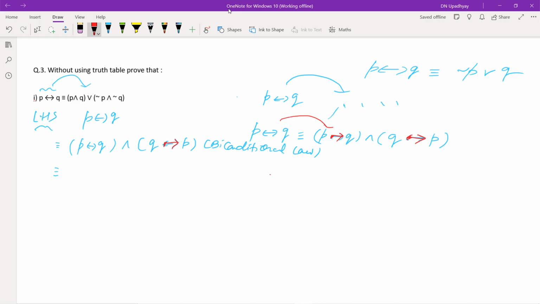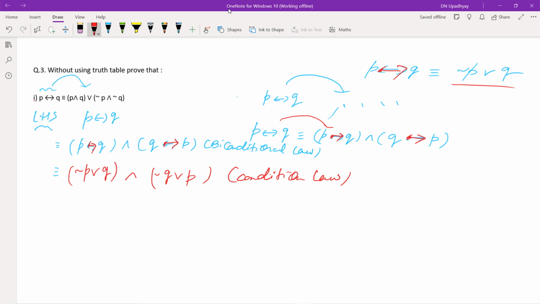See, there should be only implication here, P implies Q, not both sides if and only if. So this is nothing but P implies Q and Q implies P, and P implies Q is equivalent to negation P or Q. This is the conditional law, as we did in the previous question also. So negation P or Q, and negation Q or P. This is the conditional law.